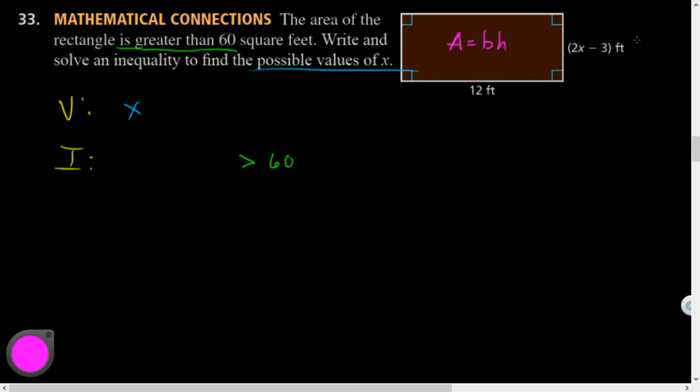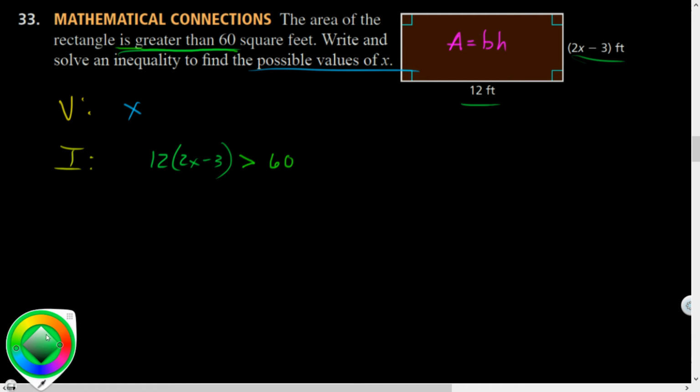That means 12 times this is greater than 60. So let's actually write that out. I'll write it in green, I suppose. Yeah, so I'm pulling this information and this information to write this inequality. So 12 times 2x minus 3, the quantity 2x minus 3. Everybody in parentheses there. There's my inequality.